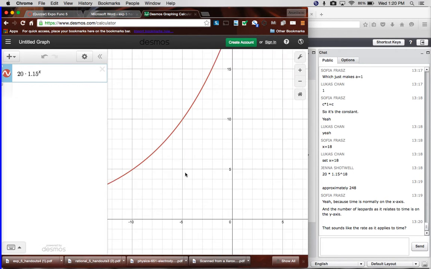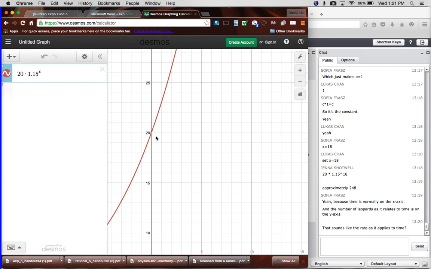And here's my graph. And then what I would do is I would say, okay, so I went from 20 leopards to 21 leopards, and it took about 0.35 years, right?